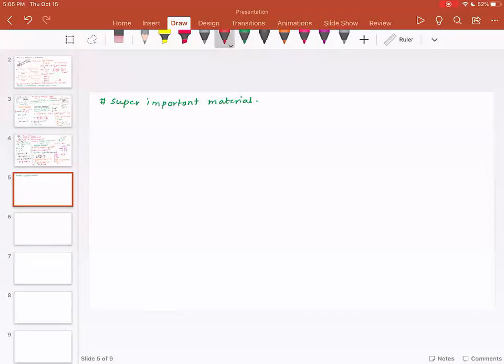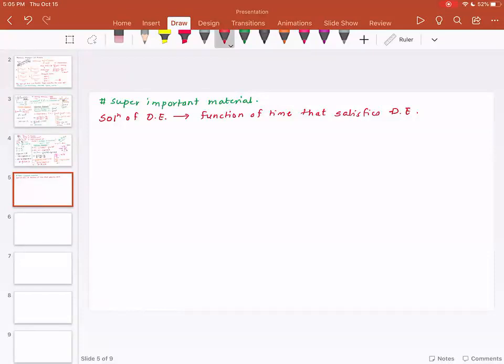Now, as we discussed earlier, what do we mean by solution of differential equation? Solution of differential equation is a function of time that satisfies the differential equation.